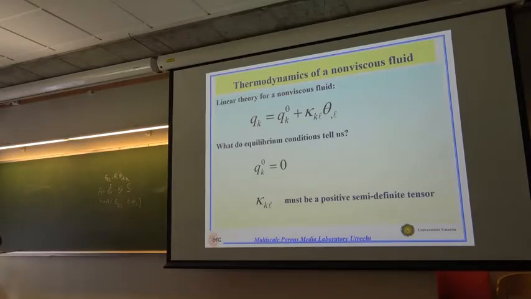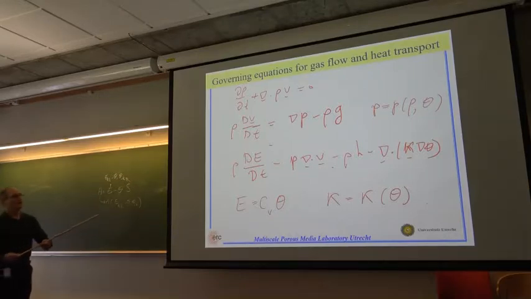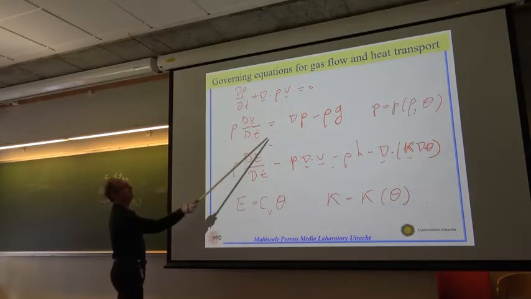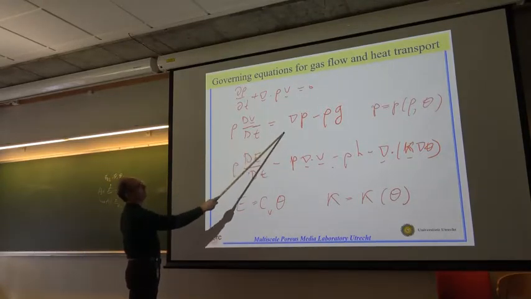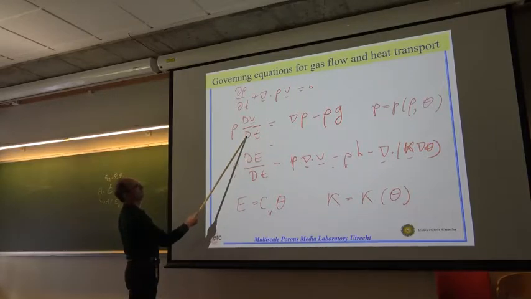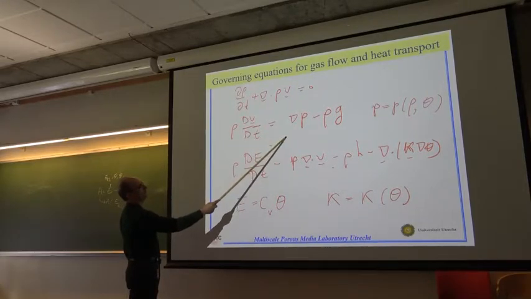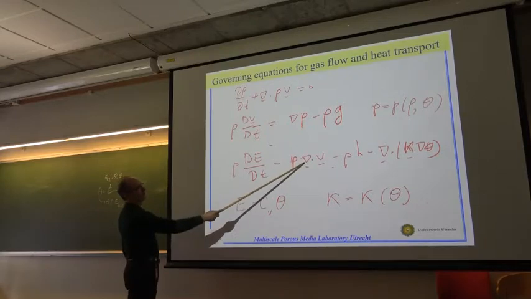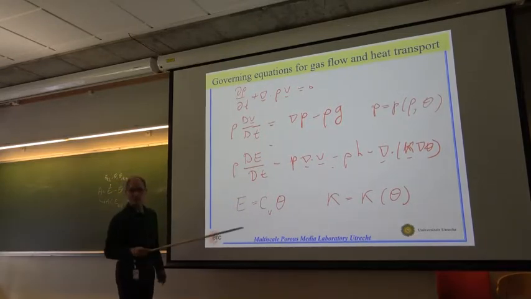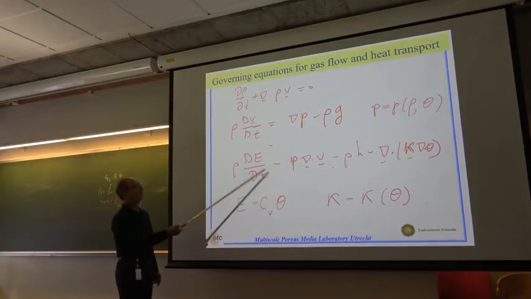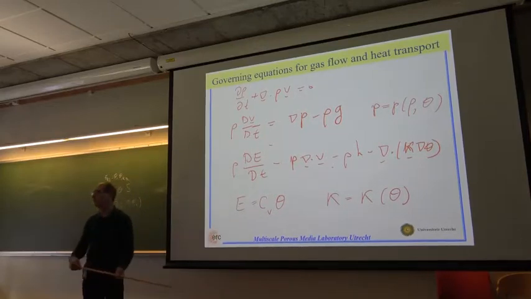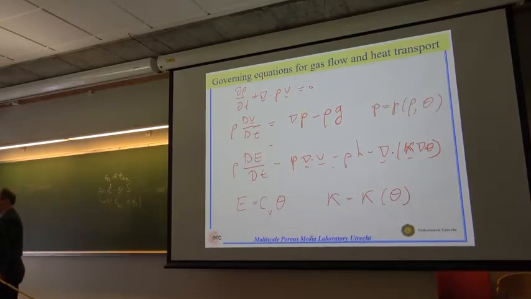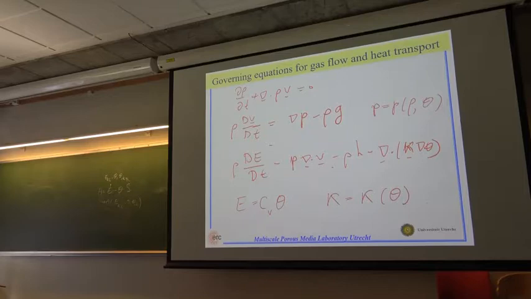If we put all of that together, now we get this kind of relationship. Now this is the momentum equation for gases, the energy equation, and indeed, if you assume a linear relationship, you can then get the energy equation or the heat equation, basically. So this is for a non-viscous fluid.